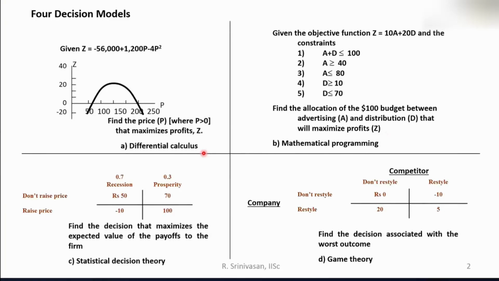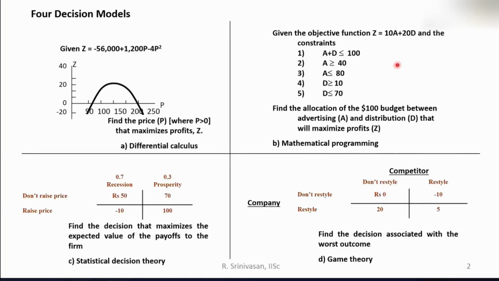The second one is where we make use of mathematical programming. Mathematical programming makes use of an objective function. What is this objective function? For the same profits, you identify two variables which are likely to affect the profit, z.